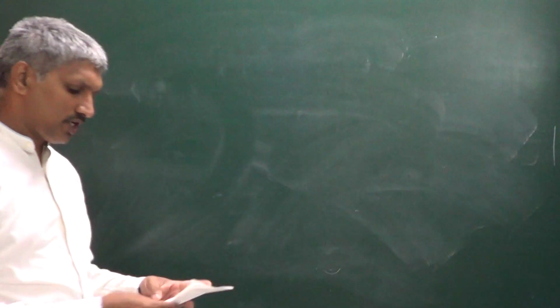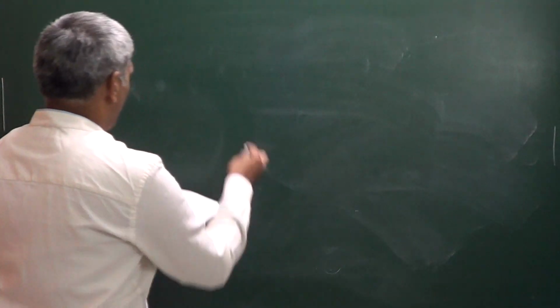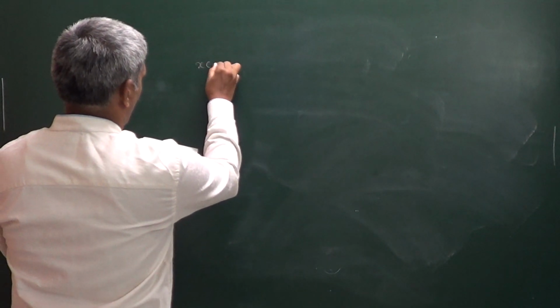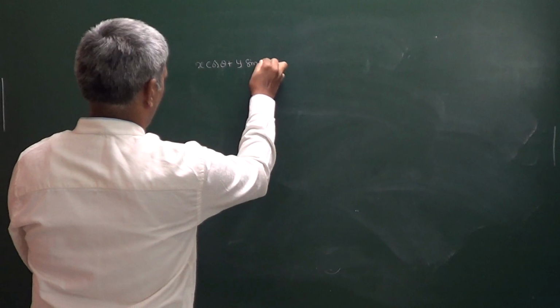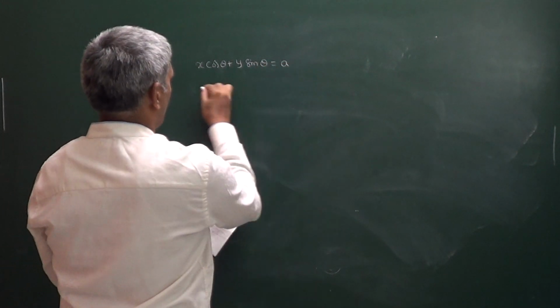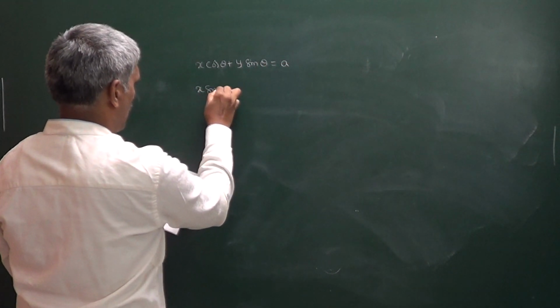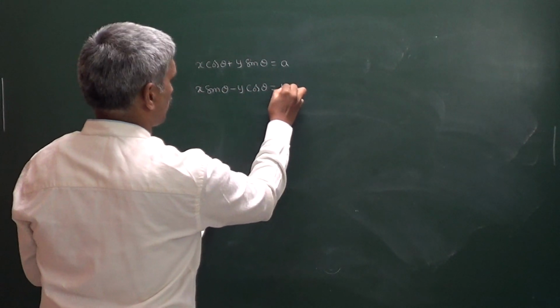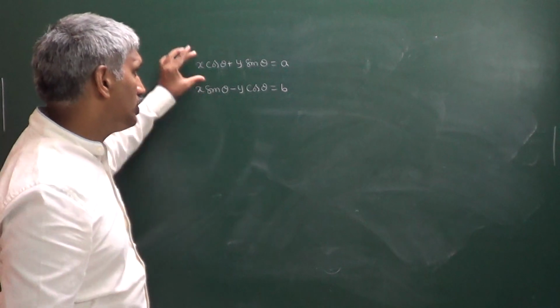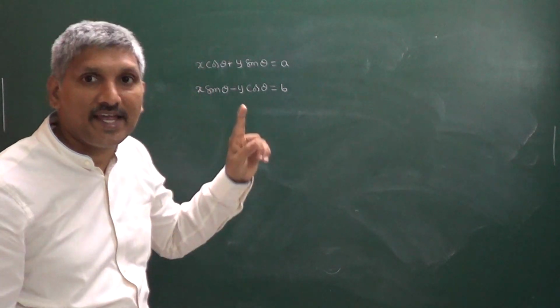So one more question we can see here. x cos theta plus y sin theta is equal to a. Next, x sin theta minus y cos theta is equal to b. No doubt this equation represents a line.